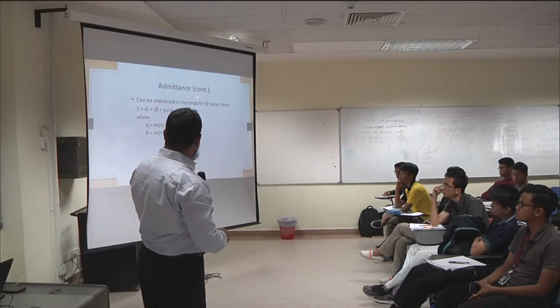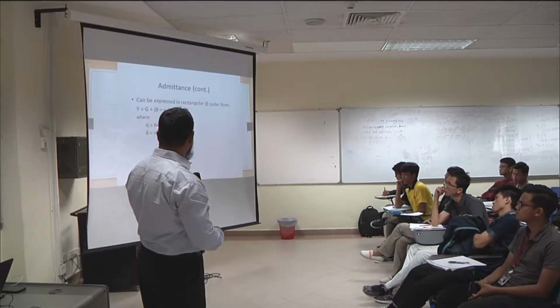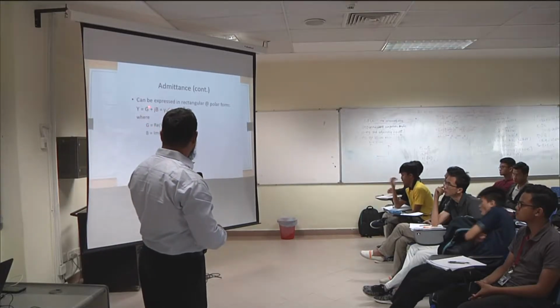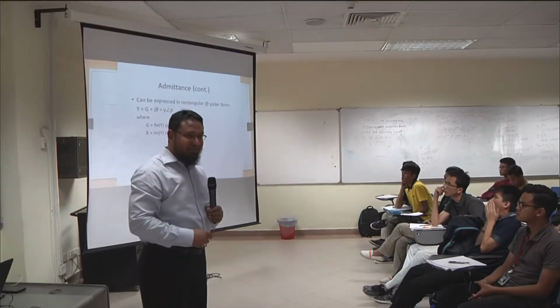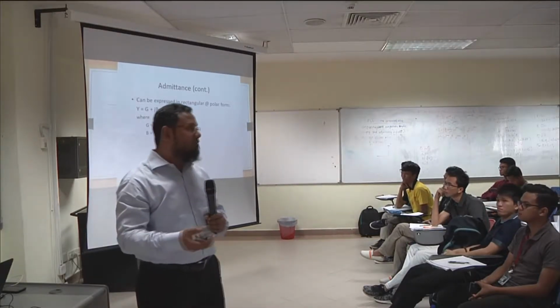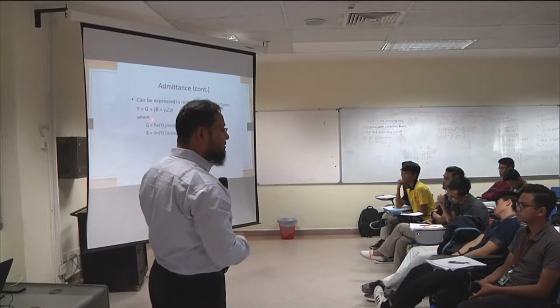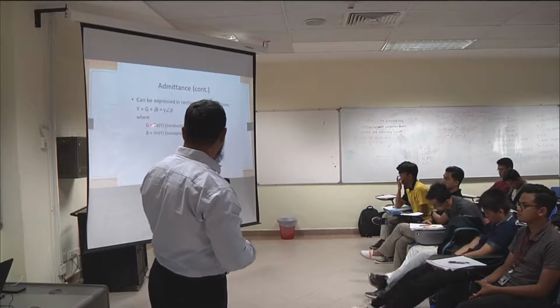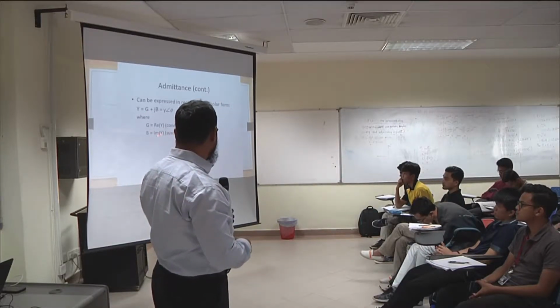All right, so admittance can be expressed in rectangular or polar form. We know that already. G is the real part. So this is the admittance, which is 1 over Z. So Z is a complex number. 1 over Z is a complex number as well, plain and simple, which means that it's going to have a real part and an imaginary part. So this is the thing that I was about to tell you.